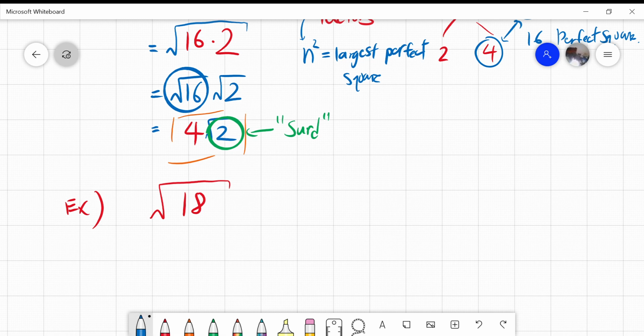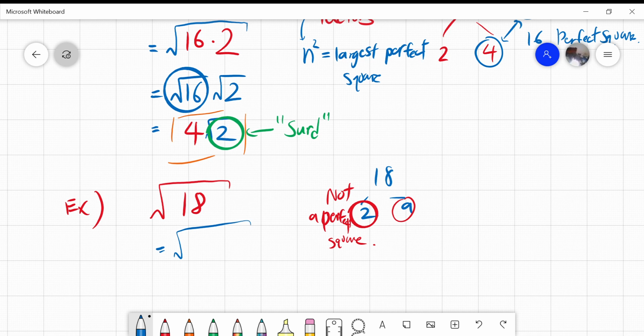Well, drawing our factor tree, we know that 18 is 2 times 9. But we already know that 9 is a perfect square, and 2 is not a square. Therefore, we rewrite this as square root of 9 times square root of 2. That would just be 3 square root of 2. So pretty straightforward.